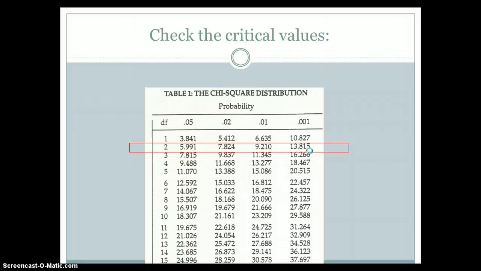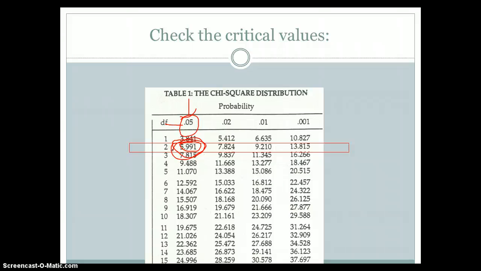And remember, if you calculate a value that is larger than the critical value at a given probability level, and we said alpha needs to be 0.05, we need to find a computed chi-square for the 0.05 level that is greater than 5.991 in order to say that there is a reason to reject the null hypothesis.